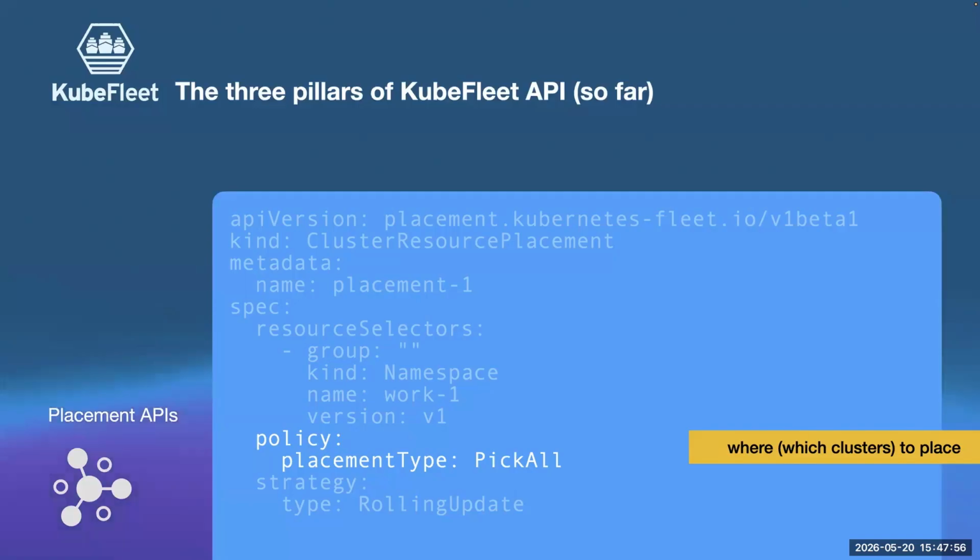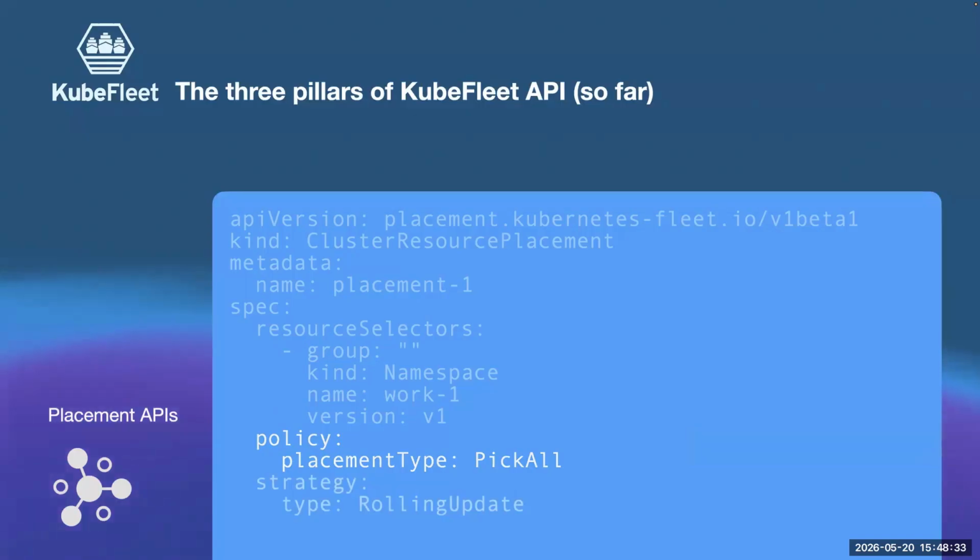You can select clusters based on a label selector. You can tell it to pick clusters that have the cheapest CPU cost or the cheapest memory cost. You can also tell it to favor clusters that have, say, the lowest node count or the most available CPU or memory. All those kinds of situations are acceptable to KubeFleet.